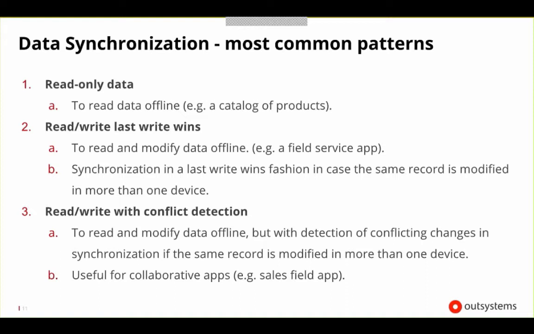So you just need to write stuff back to the backend. But if these two persons modify the same data, since this is the last write wins policy, the last guy to synchronize will win over the previous one. And so you may have situations where you actually lose data.